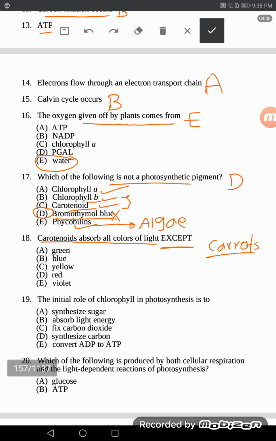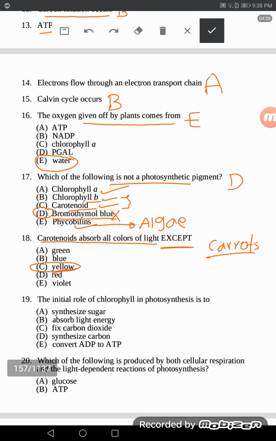So the carotenoids, as I told you, are yellow, orange in this range. So they absorb all the other colors except yellow and orange. So we can see these objects in yellow and orange color. So they absorb all colors except yellow.